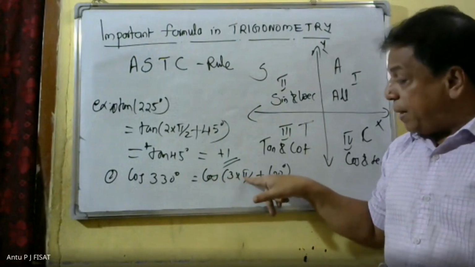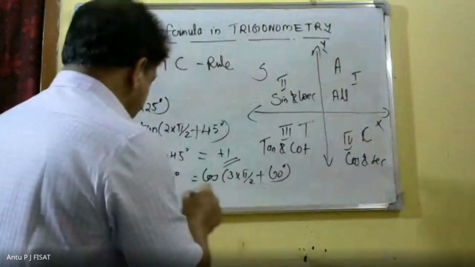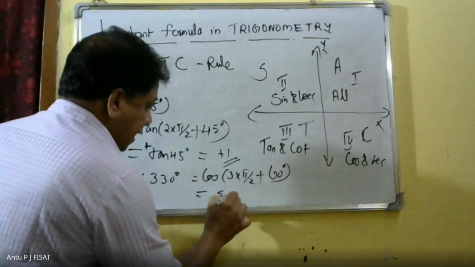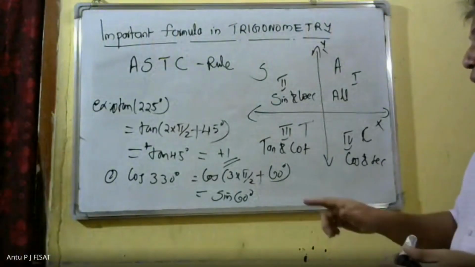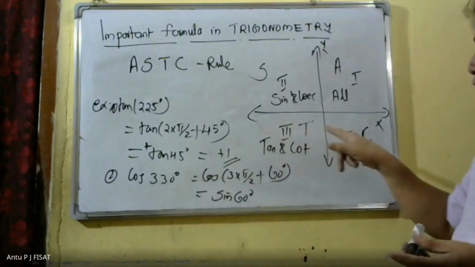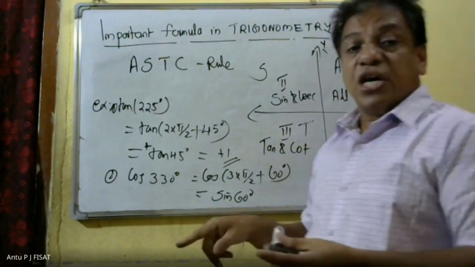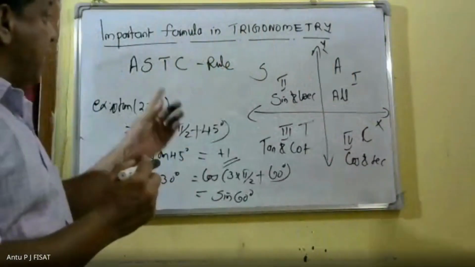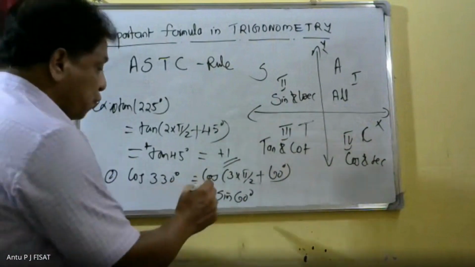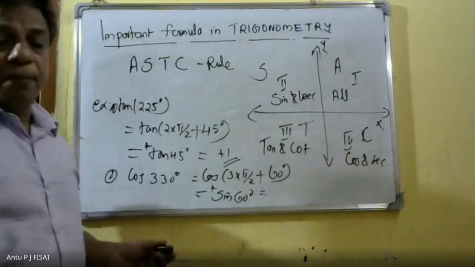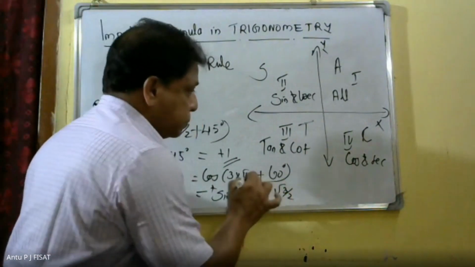When pi by 2 is multiplied by an odd number, cos changes to sine. Here, sine 60 degree. Then we have to check the sign. 330 degree comes in the fourth quadrant, where by the ASTC rule cos is positive. Therefore, plus, and the answer will be sine 60 degree.